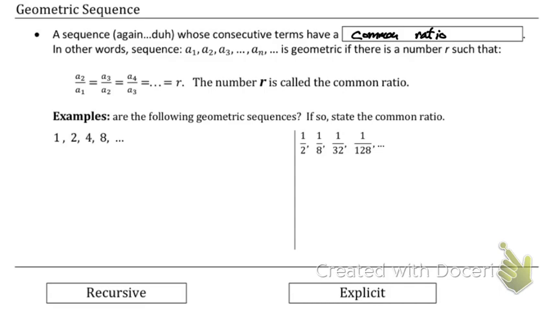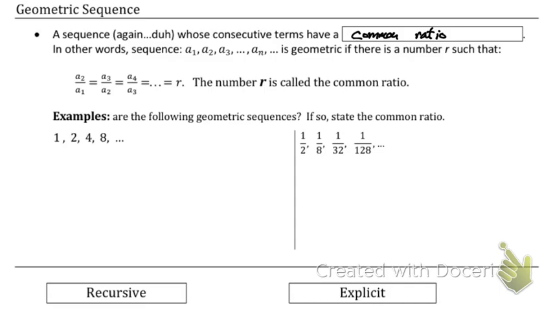So, some examples. Are the following geometric sequences? If so, state the common ratio. What you're trying to do is see, first of all, I would always check to see if it's arithmetic, because those are easier to deal with. So I'd first go, okay, this is plus 1, plus 2, plus 4. It can't be arithmetic.